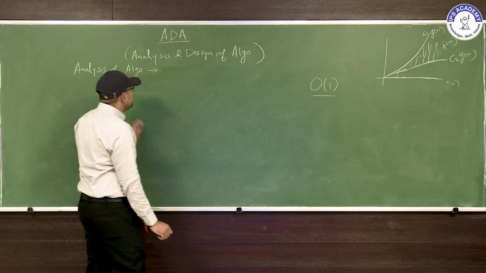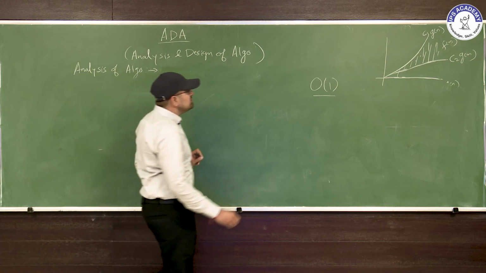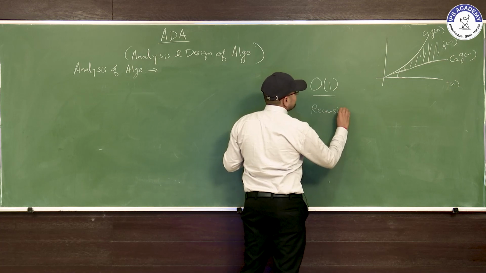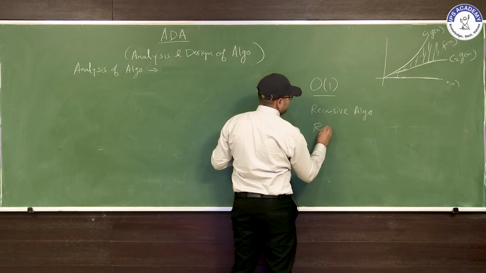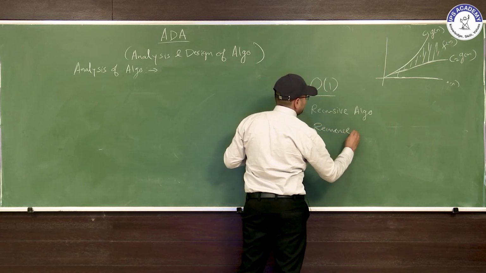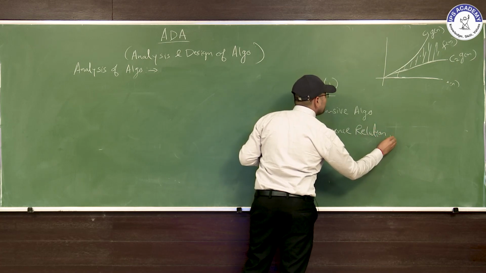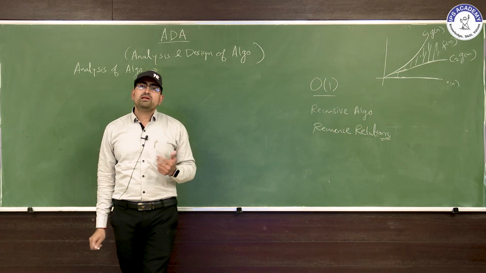Second, iterative comes, and then recursive comes. As far as recursive algorithms are concerned, we are going to use recurrence relations, and by solving that recurrence relation, we are going to calculate the time complexity.